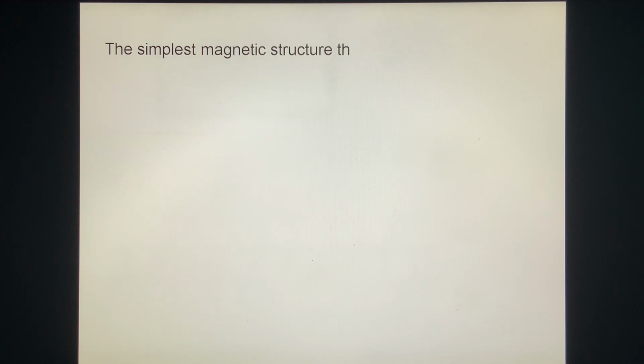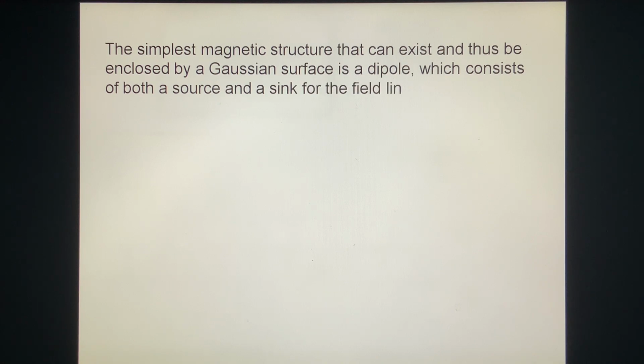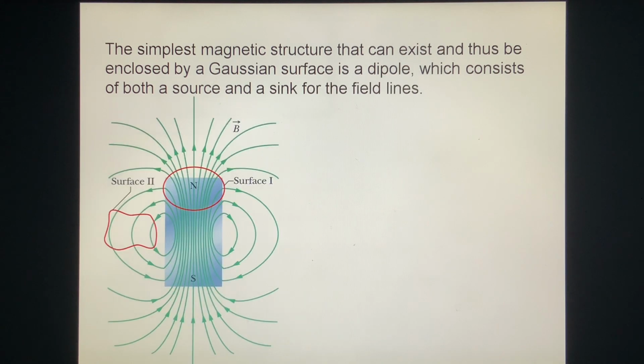The simplest magnetic structure that can exist and thus be enclosed by a Gaussian surface is a dipole, which consists of both a source and a sink of the field lines. You look at all these closed circles. The net flux is 0.